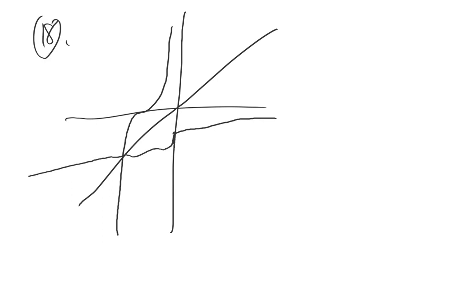Now, according to what I've drawn, those two graphs are a perfect reflection across the diagonal line. So if they are a perfect reflection across the diagonal line, then the answer is yes, those two graphs are inverses of each other.